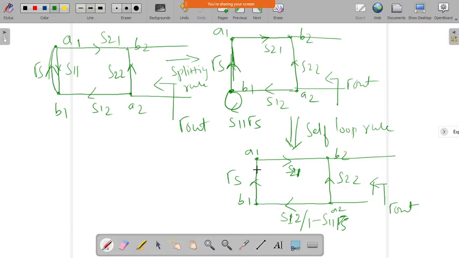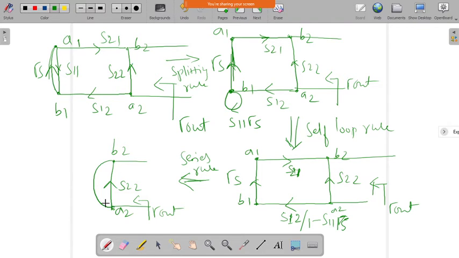Now we can apply the series rule again here. We get B2 and A2, where we have S22 and gamma out here.